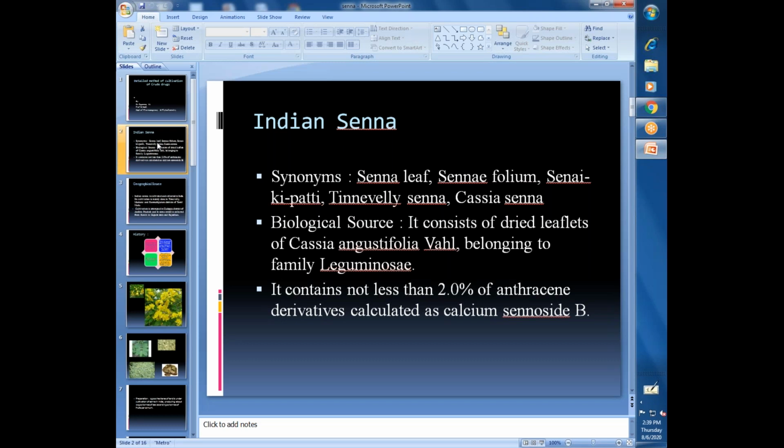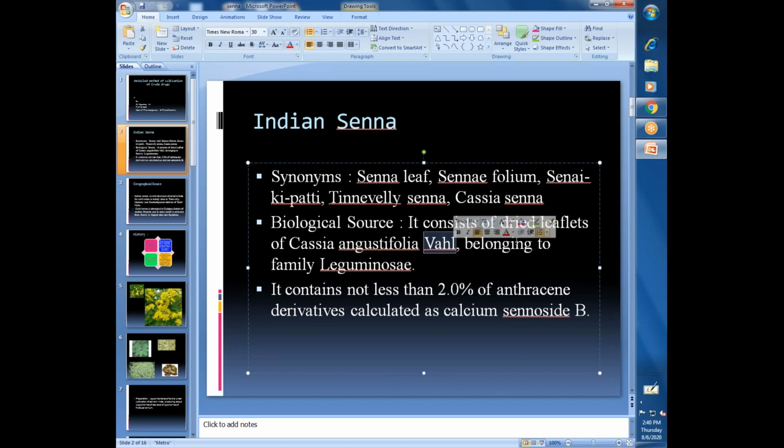Each leaf in a compound leaf is called a leaflet. So it is the leaflets of Acacia angustifolia. Acacia is a genus and angustifolia is a species. Wall is the scientist's name, and the plant belongs to the family Leguminosae.